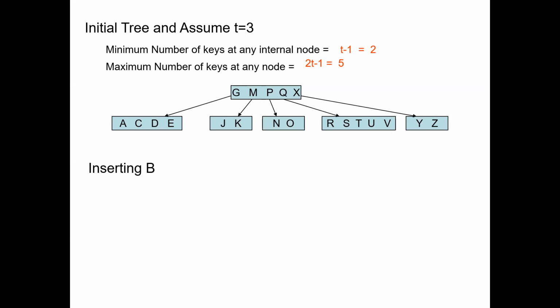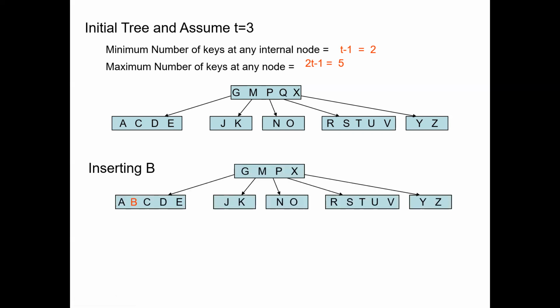The appropriate place to place the B is in this branch, which contains A, C, D, E. As there are 4 keys and another can be accommodated, we place B in the appropriate sorted order in this particular node.